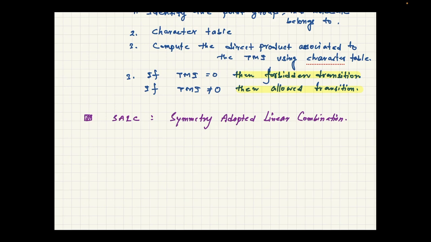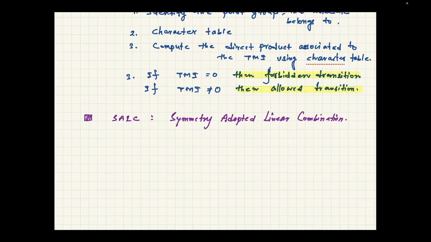So symmetry adapted linear combination means you strategically combine some of the atomic orbitals to form a molecular orbital which can act as a basis for a particular irreducible representation. Okay, this is what symmetry adapted linear combination means.